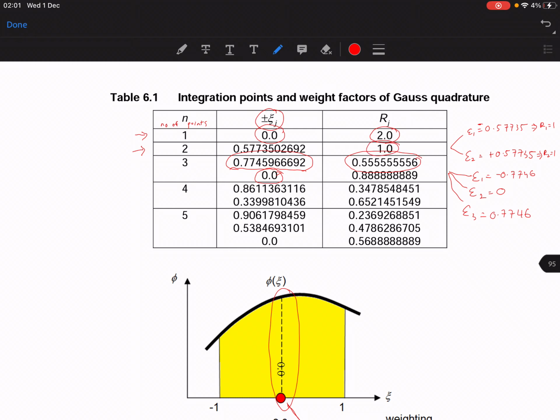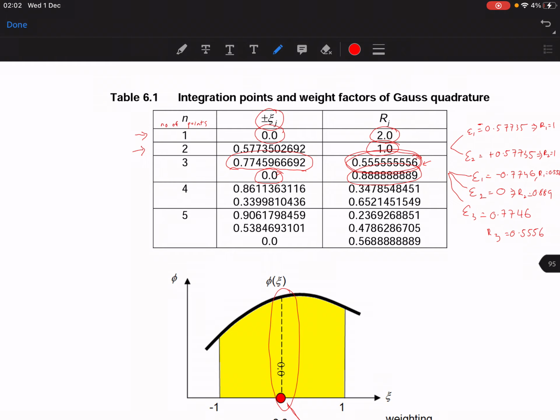And for 3 point, the corresponding R1 is 0.556 here, while for R2, it is this value 0.889, and for R3, it is the value here, which is 0.5556.